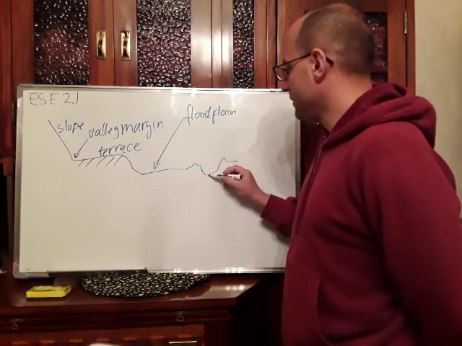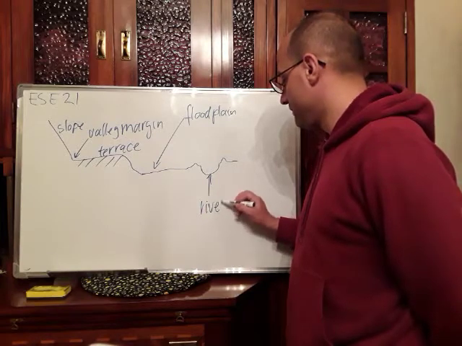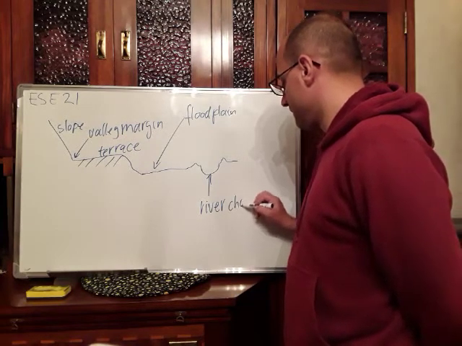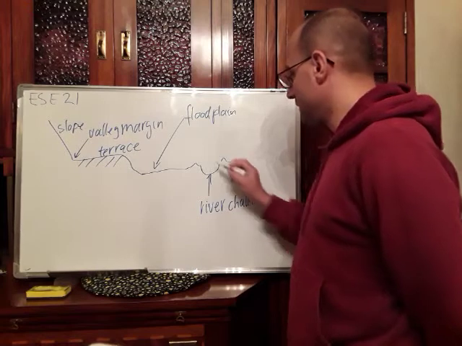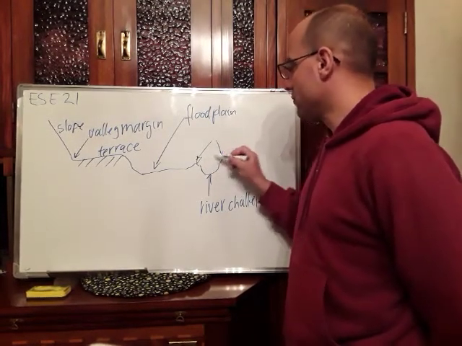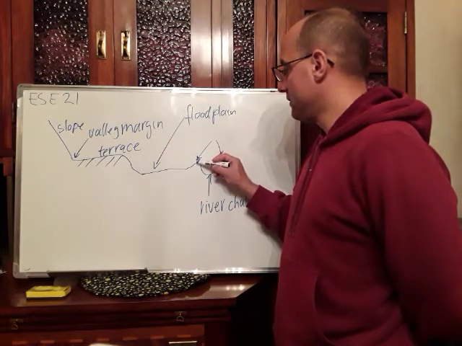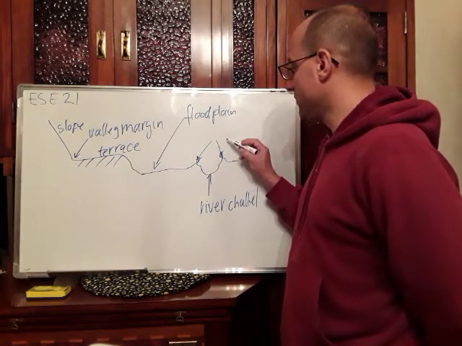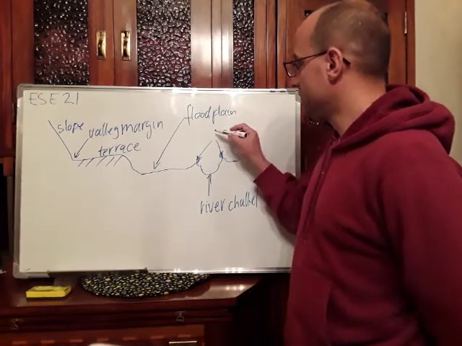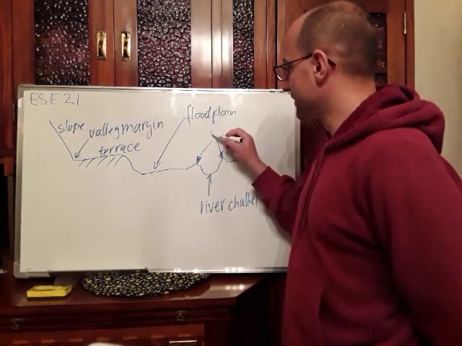So over here we have river channel, these two natural river banks that are developed by the vertical accretion. So these are going to be the levees.